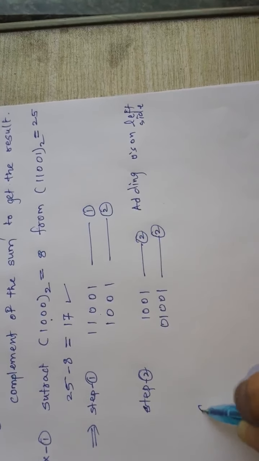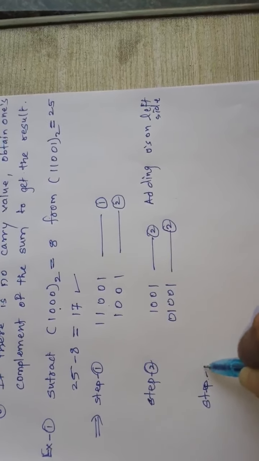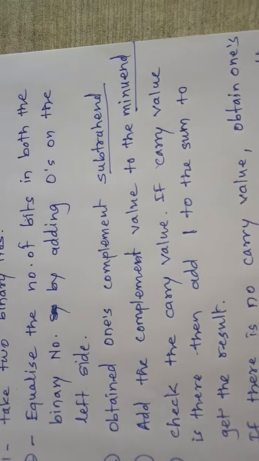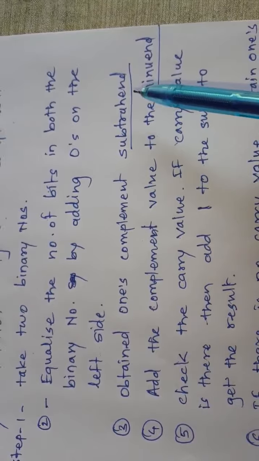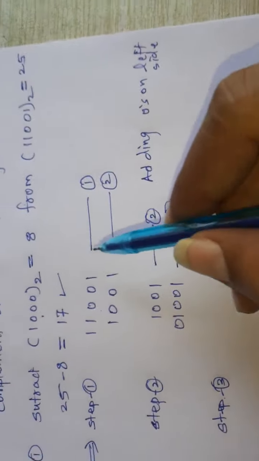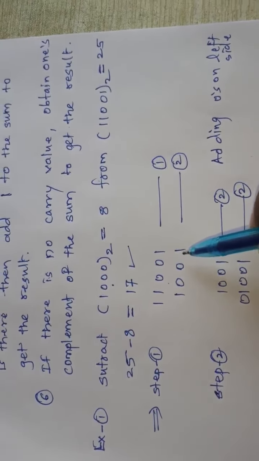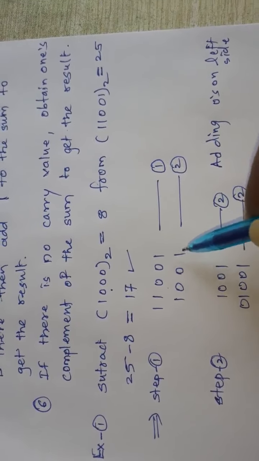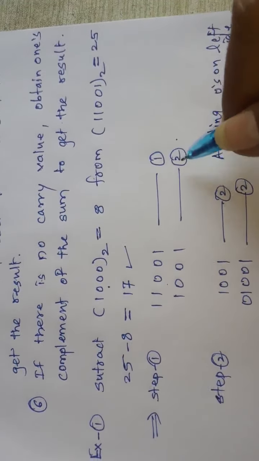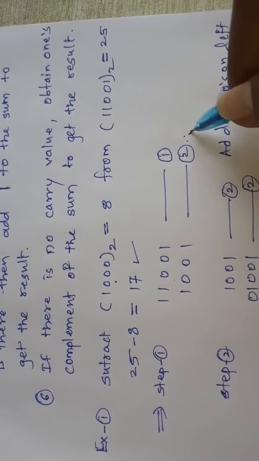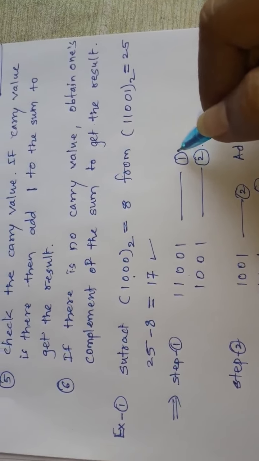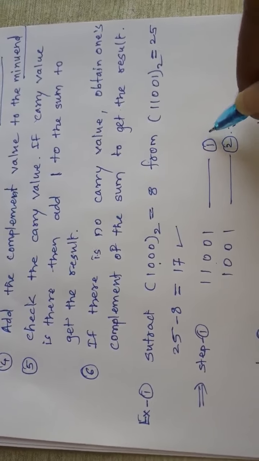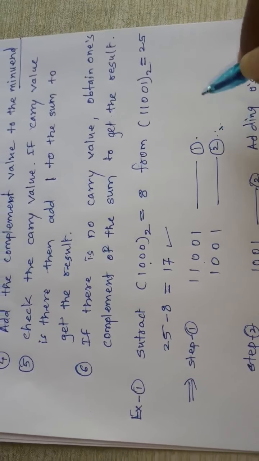So now step 3. What is step 3? Obtain the ones complement of the subtrahend. So here, which is the subtrahend and which is the minuend? This second equation is called the subtrahend, and this is called the minuend.